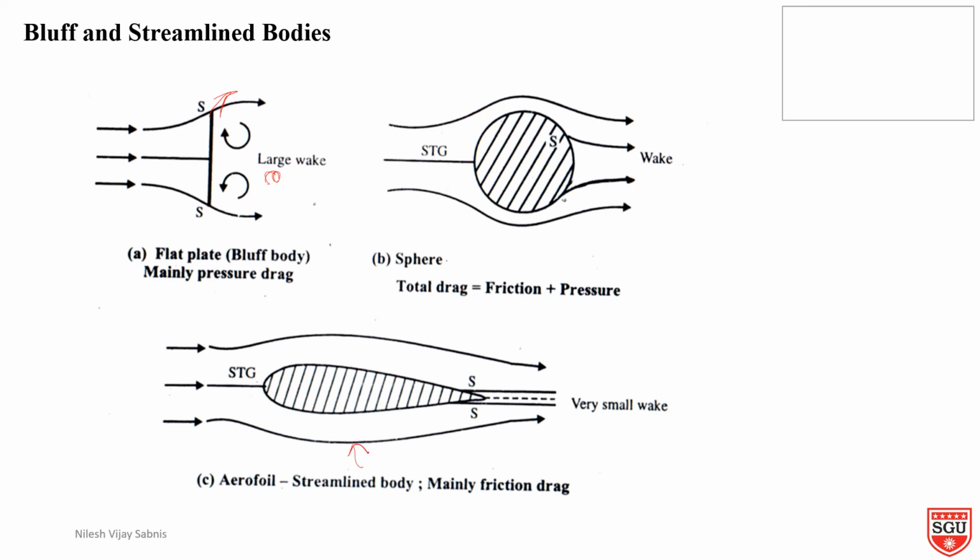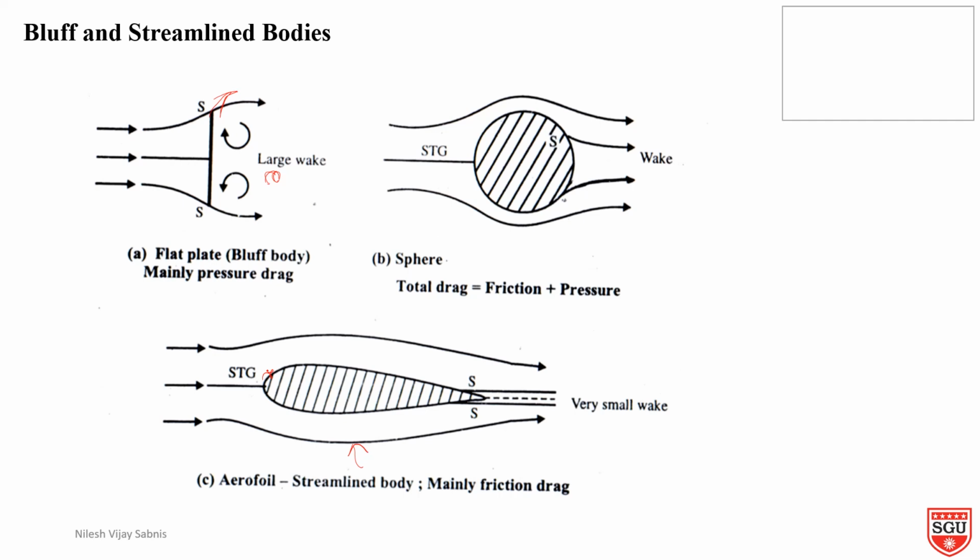Opposite to that, a streamline body is defined as a body whose surface coincides with the streamlines. When the body is placed in a flow, separation of flow will take place only at the trailing edge. Here the boundary layer starts at the leading edge and becomes turbulent from laminar, yet it does not separate up to the rearmost part of the body.